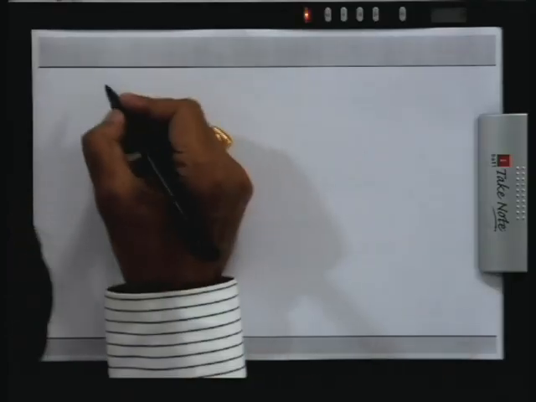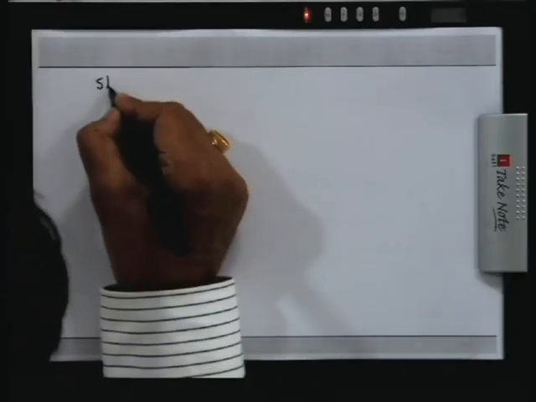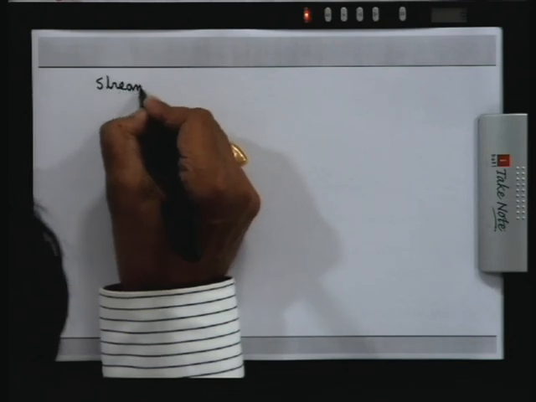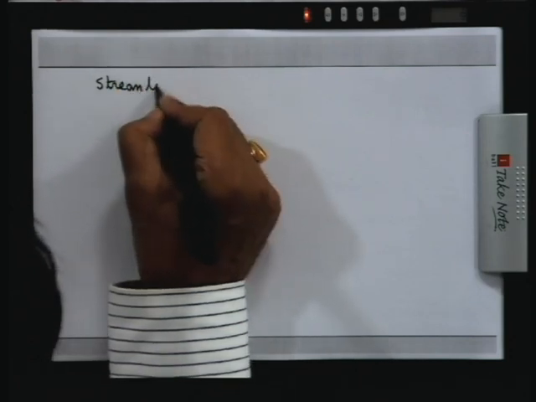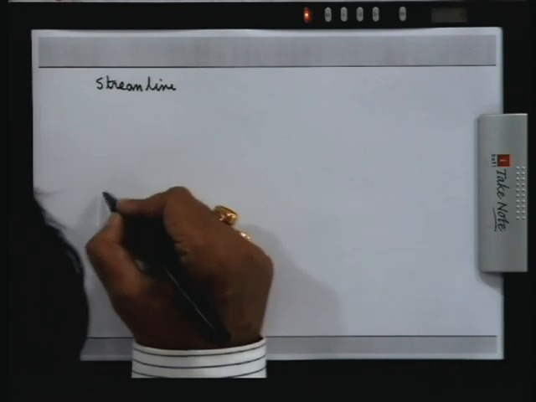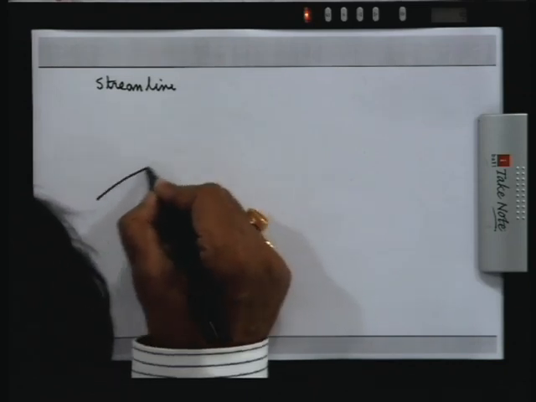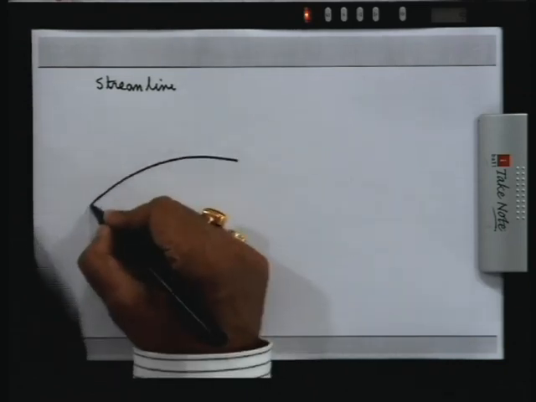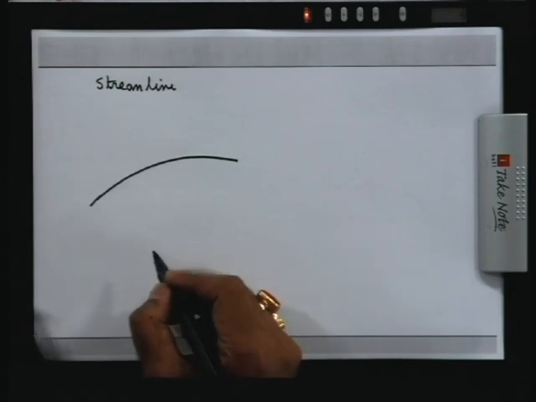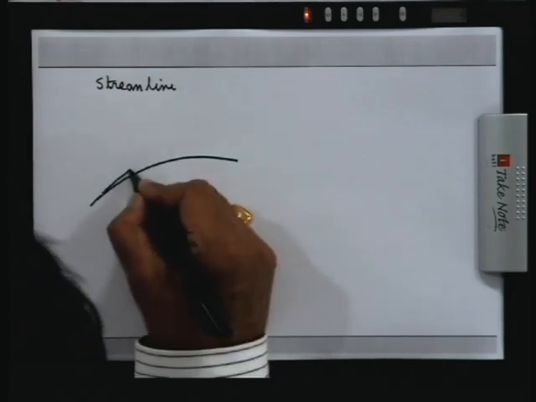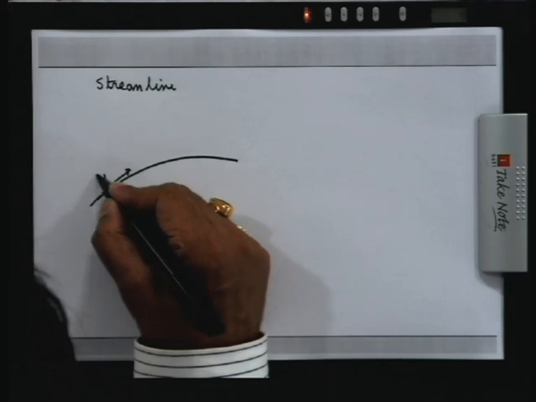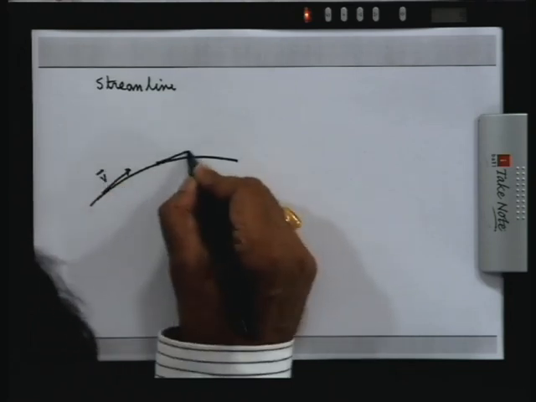Now, what is a streamline? Definition of a certain thing, streamline. A streamline is defined as an imaginary line drawn in a fluid flow at any instant of time, so that the tangent at any point gives the direction of the velocity.